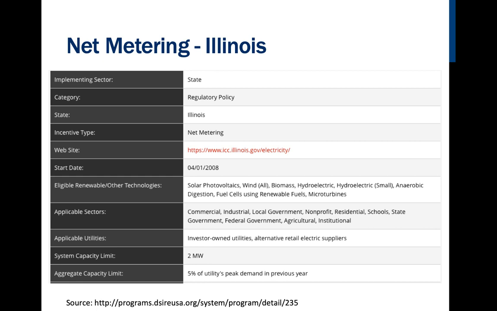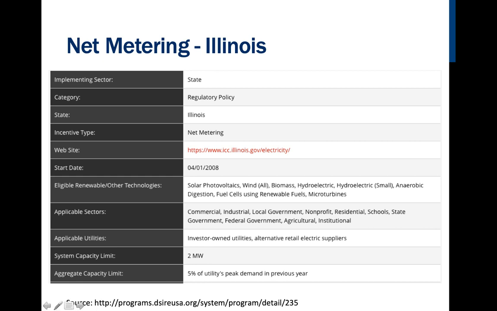In Illinois, this is the net metering category, and if you go to Desert USA, you'll see this information. So here we are, Illinois, net metering. Here is the website for net metering on the PSC, the date that it was implemented, and what technologies it applies to: PV, wind, biomass, hydroelectric, anaerobic digestion, fuel cells, and microturbines.